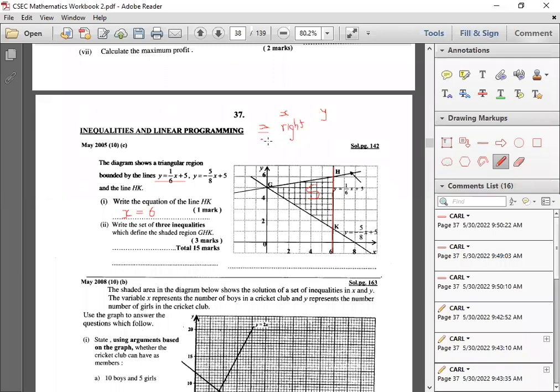For less than or equal to, it's to the left.